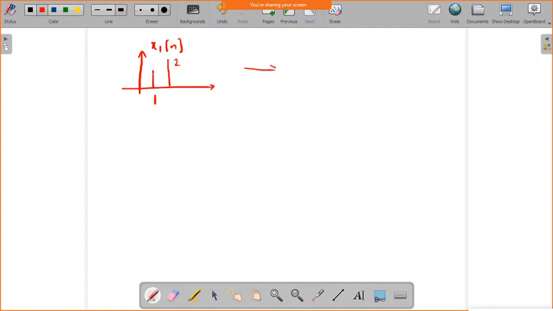The corresponding output produced at the output is y1 of n, which is equal to 1 at discrete time. So this you can take 2 and this is 3 and here the amplitude value is 2. Okay, so here it is 1.